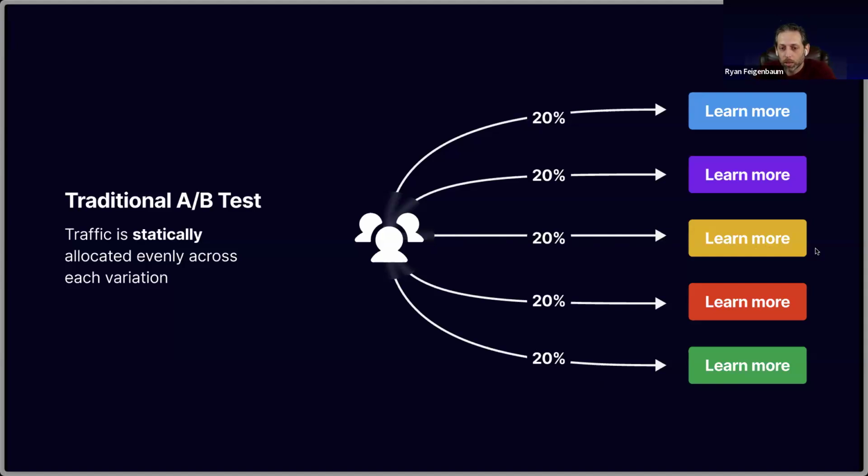So that means that, let's say, our red button is performing way, way better, and the purple button's performing much worse. You don't get to realize any of that performance difference until the experiment is over, and then you ship the winning variation. So this is what multi-armed bandits aims to fix.